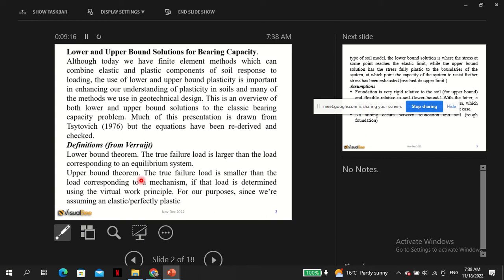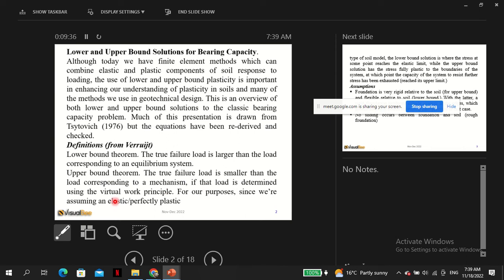So you can see the lower bound says that the true failure load is higher than the equilibrium state. The upper bound theorem says that the true failure load is lower than the load corresponding to a mechanism, if that load is determined using the virtual work principle.